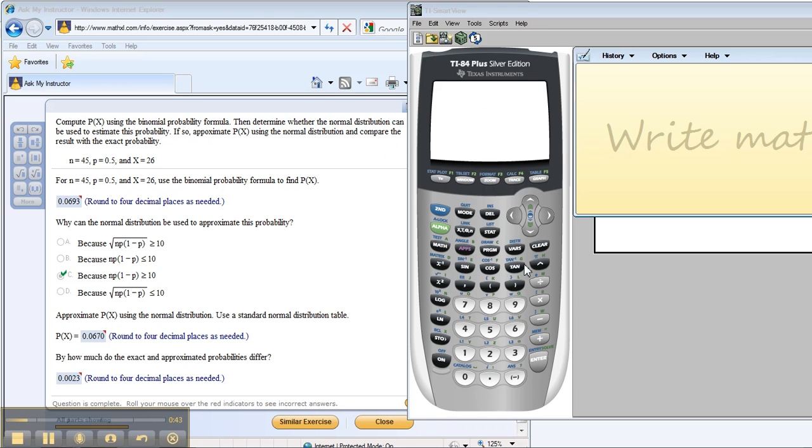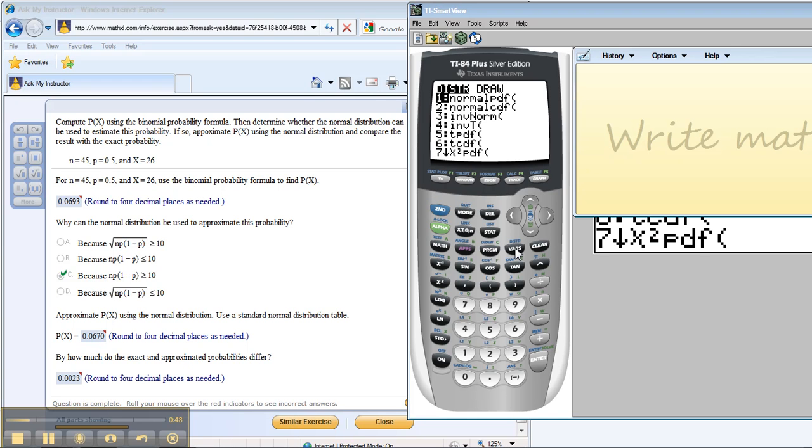So we're just going to go over here to the calculator and go in second function vars, which gives us our distributions, and get down to binomial PDF, so binomial probability density function, and we're going to hit enter, plug in this information, 45, comma, 0.5, comma, and 26.